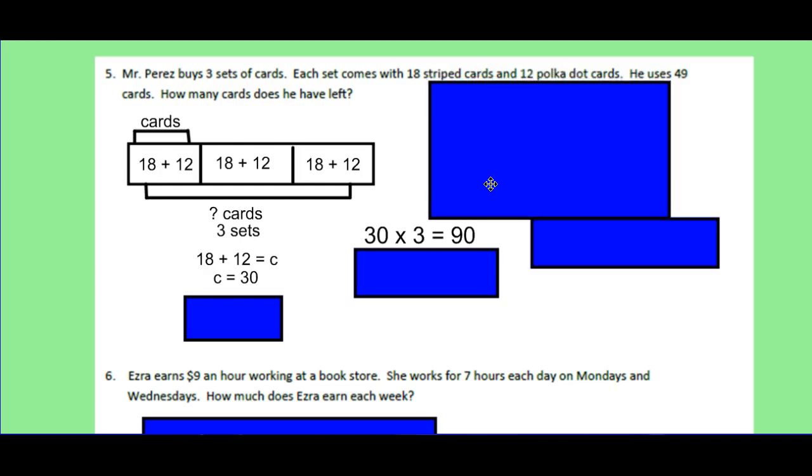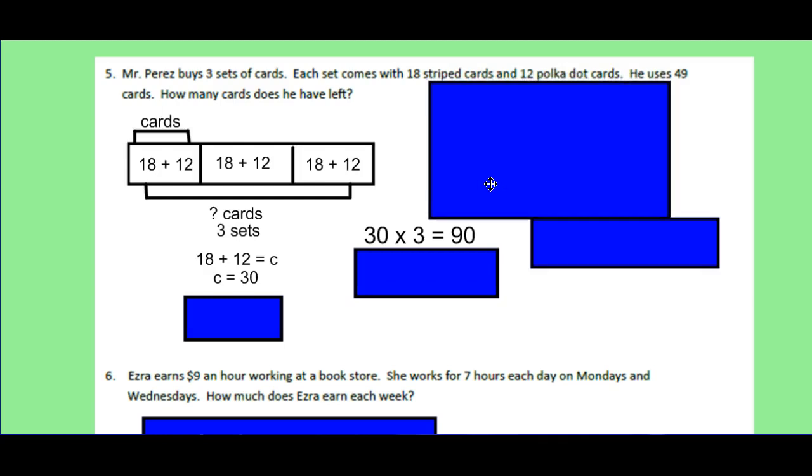Now I've got to figure out how many cards there are in all. And I know that he has 3 sets of cards. So I'm going to be solving 30 times 3, or 3 times 30, however you wrote it. And that gave me 90. So that told me that he had 90 cards in all. And I know that he used 49 of those cards.